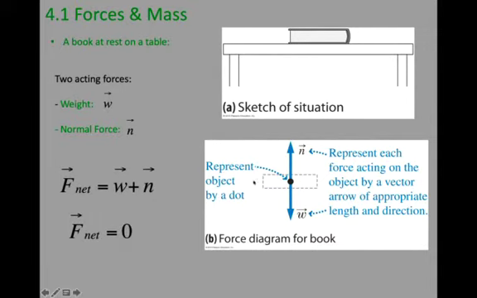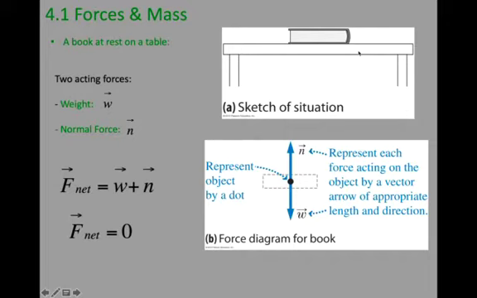Another example, which I've already mentioned, is you have a table and a book. This is very similar to the example I gave you, if someone is sitting on a chair. So look at this book here, okay? A very simple question: what are the forces acting on this book? Well, there are two forces.